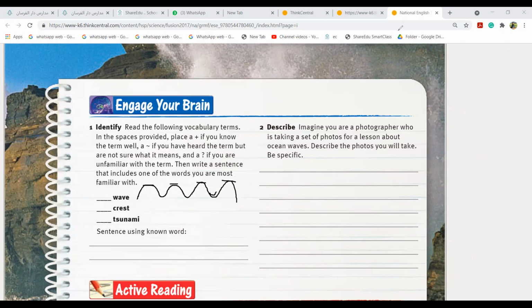Now, do you remember the worst tsunami which came in Japan? Did anyone hear about it? Which year was that?